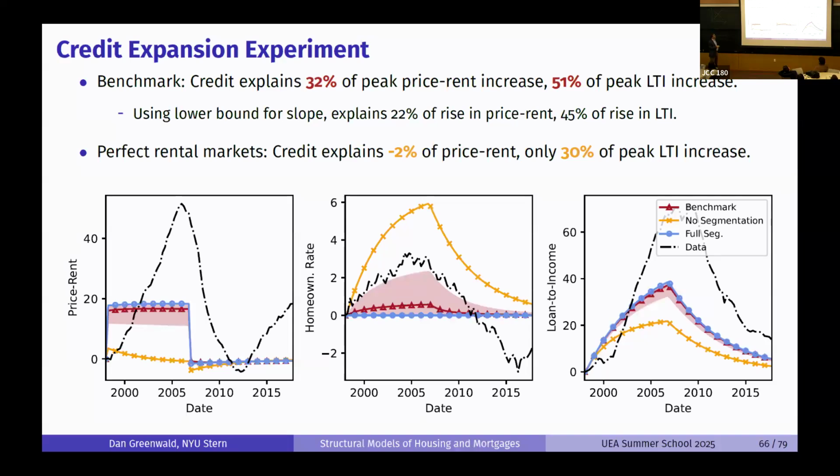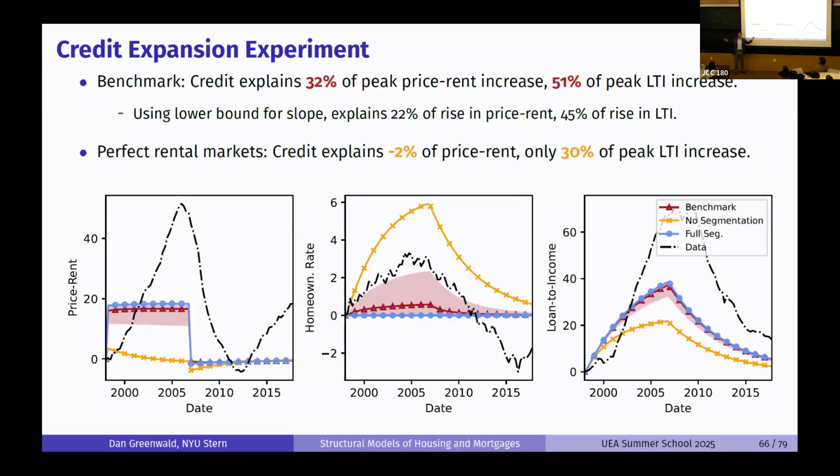So what do we find? Credit is explaining about 32% of the peak price to rent increase, which is much, much bigger than what we'd find under a no segmentation world, right? Just as important, this increase in prices, like we were talking about before, matters for the credit outcomes. Even though I'm relaxing the credit standards the same way in all these models, a lot of the work of the credit standards comes indirectly from raising prices.